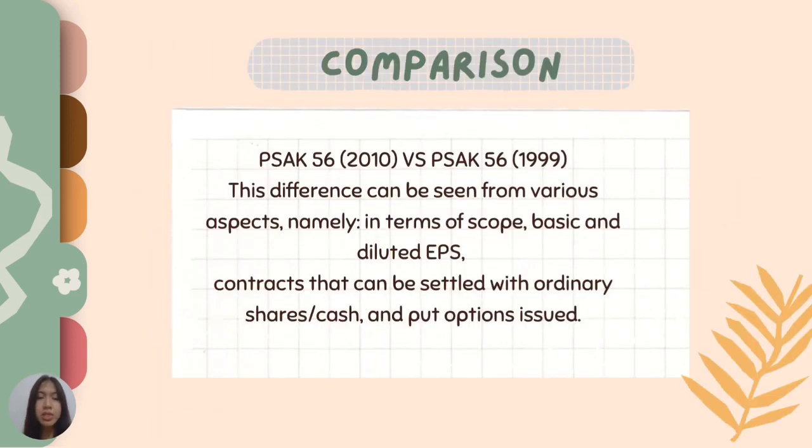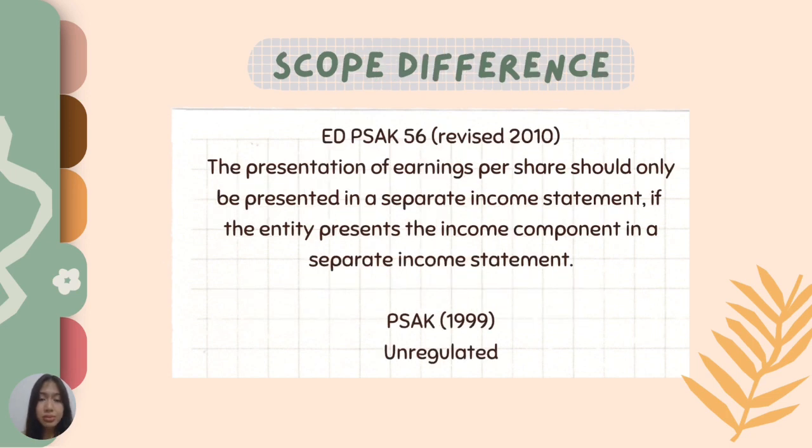And we have the comparison here between PSAK 56 2010 and PSAK 56 1999. This difference can be seen from various aspects, namely in terms of scope, basic and diluted EPS, contracts that can be settled with ordinary shares or cash, and put options issued.